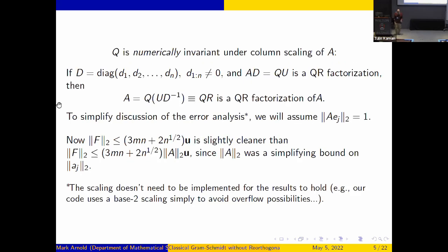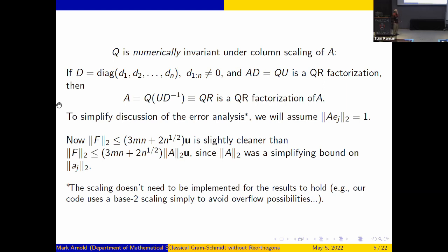And then again, this doesn't affect our code or our software at all, but for the purpose of the talk, I'm going to assume that the columns of A have unit 2 norms. I could do a QR factorization of the scaled version of A and recover the QR factorization of the original A this way.